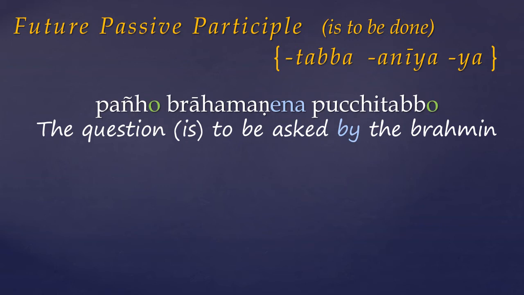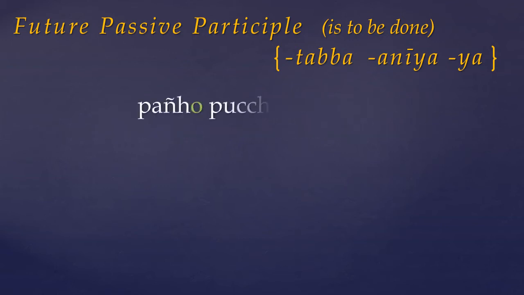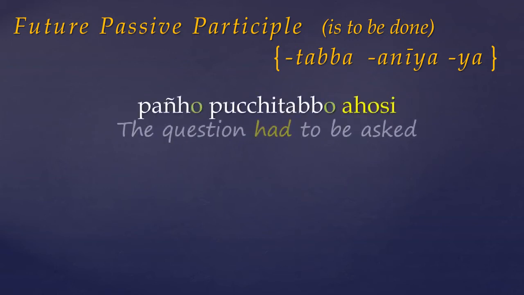Apparently, it can be used in an active sense with intransitive verbs of motion, but unfortunately I can't find any examples. Now, also like past participles, a future passive participle can be used periphrastically with an auxiliary verb to express the tense, in which case they tend to imply the perfective verbal aspect.